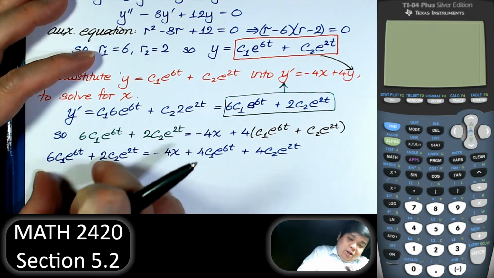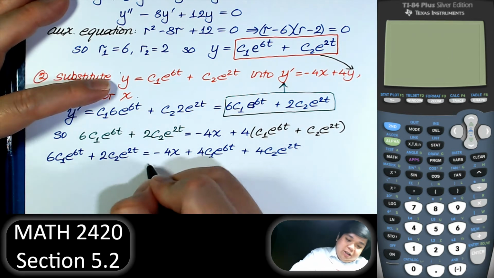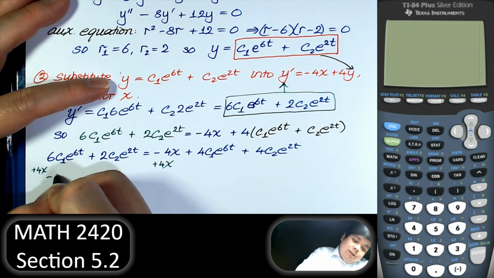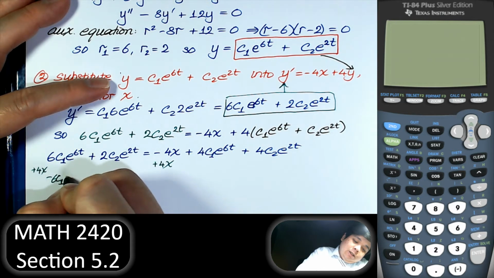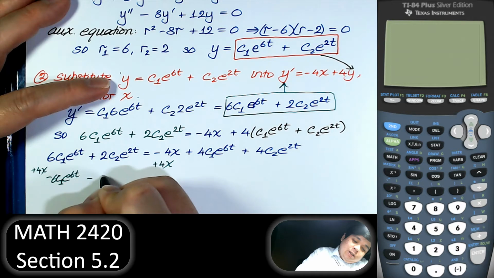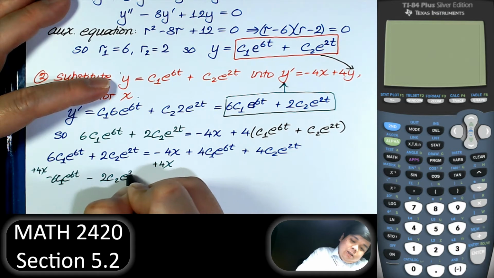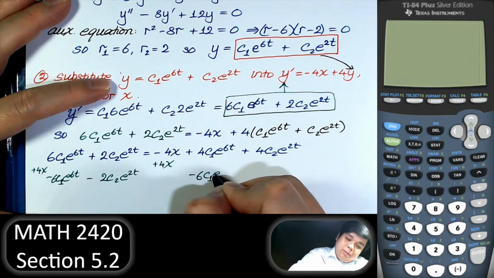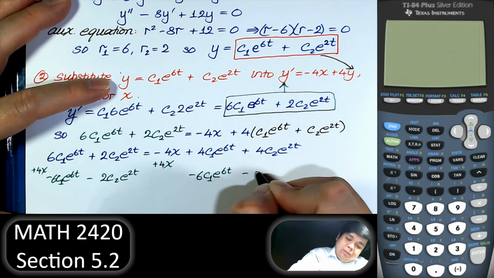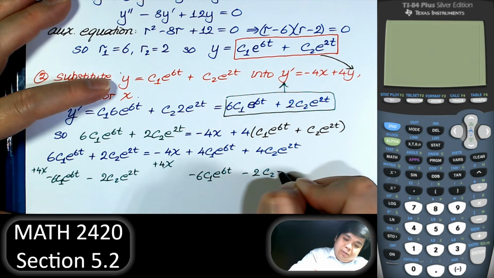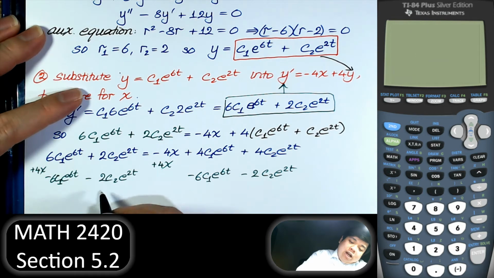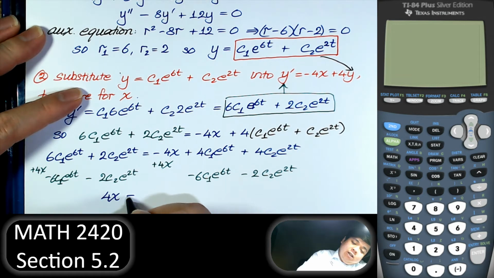So let's move the 4x to the other side. Right? So we do that, those cancel out, we just have 4x on this side.